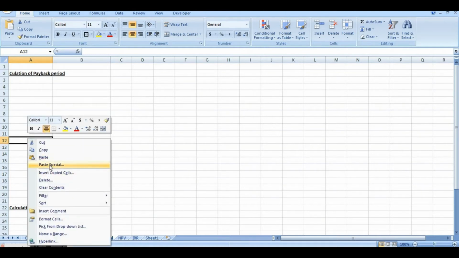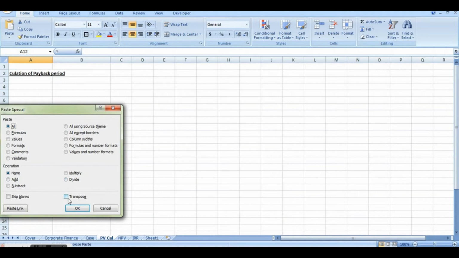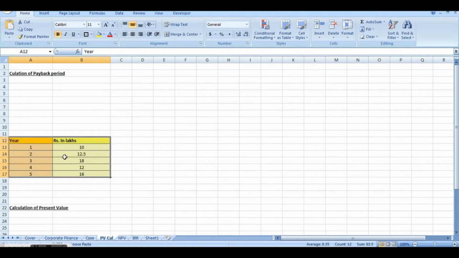The shortcut to it is also available in paste special as transpose, and now you can see the horizontal data gets converted into vertical. It can be applied vice versa as well.